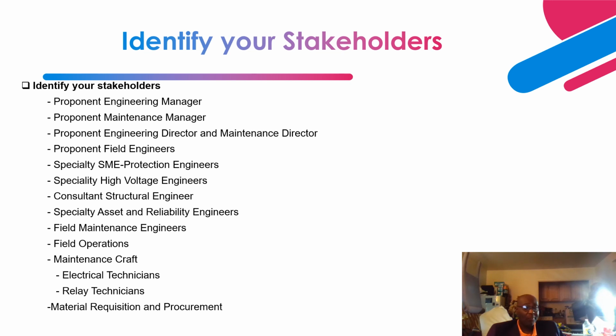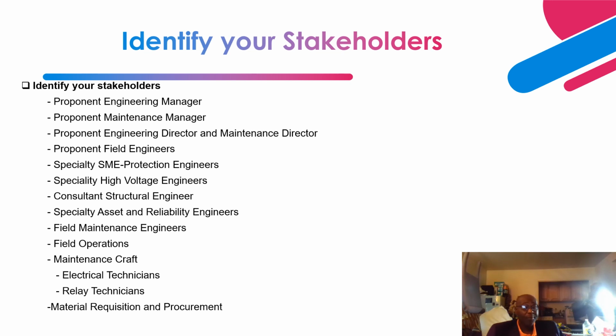And if you have a specialty group, you can tie them in as well, because that is very important, especially protection engineers and also consulting engineers. To mention a few: proponent engineering manager, proponent maintenance manager, proponent engineering director, and maintenance director.